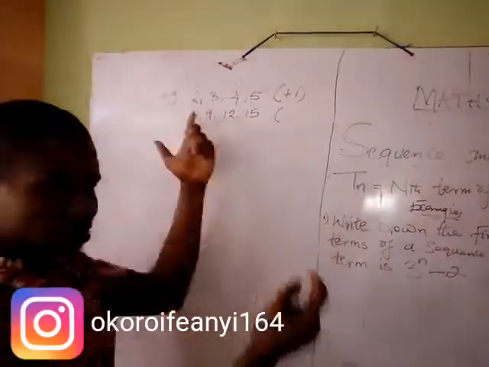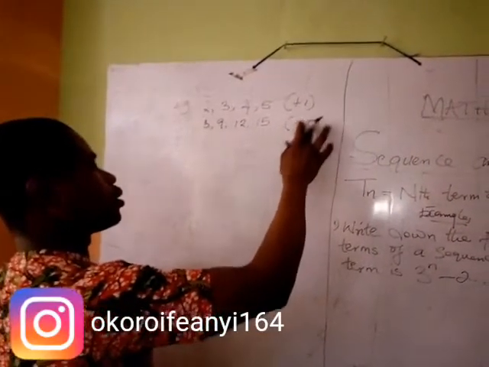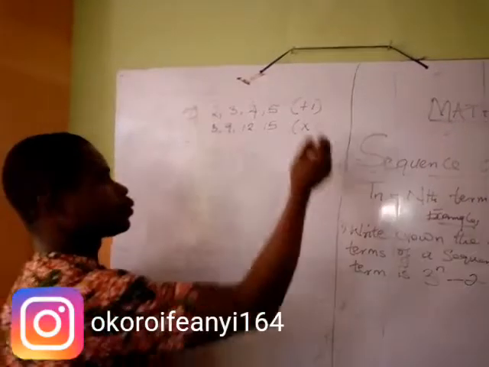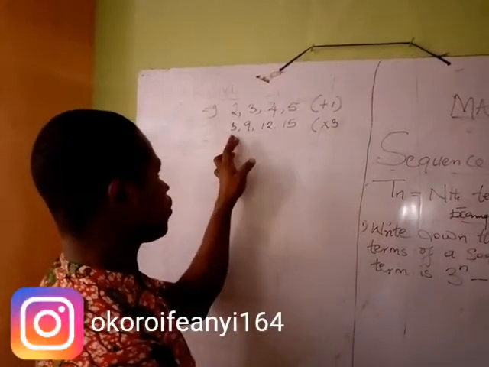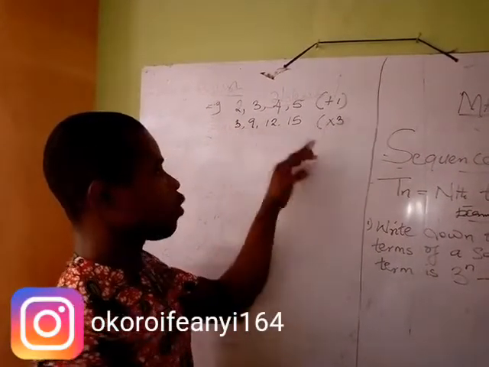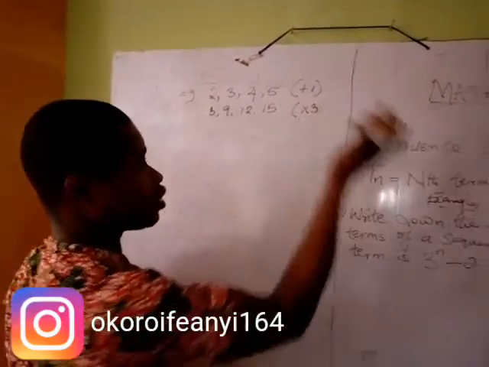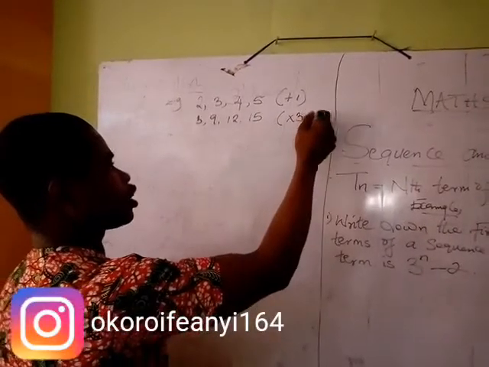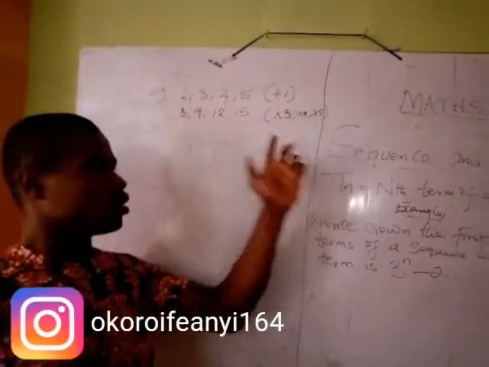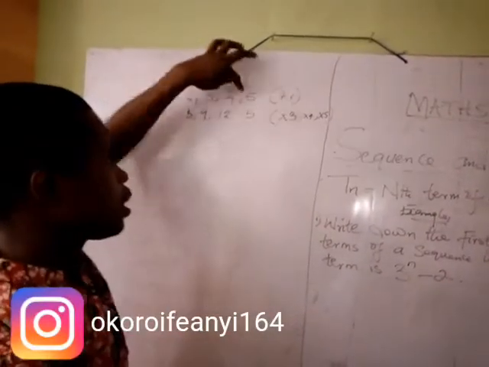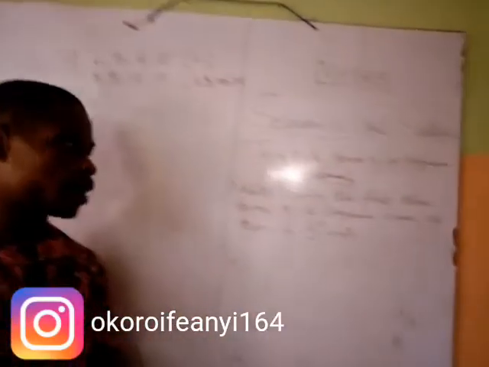So the difference here is a multiple of 3, which increases: 3 by 3, 9, 3 by 4, 12, 3 by 5 will give us 15. So the difference here is not constant. A multiple of 3, the multiple of 4, the multiple of 5. So the differences vary. So the rule or pattern guiding the first sequence is not the same rule or pattern guiding the second sequence. Now let's go down to the example we have in 1.